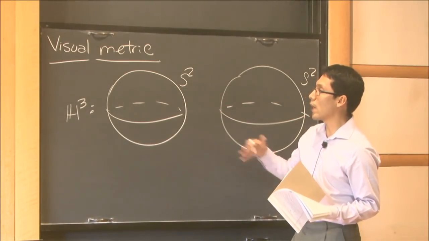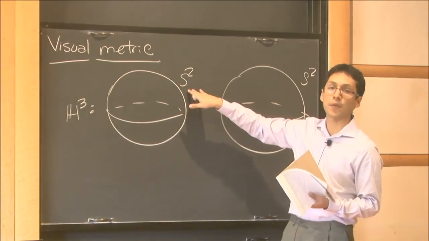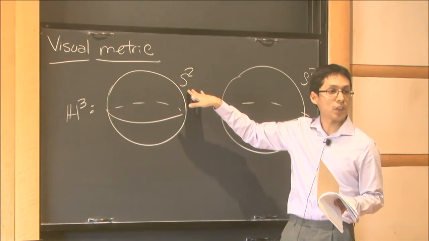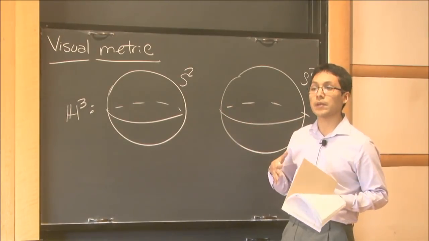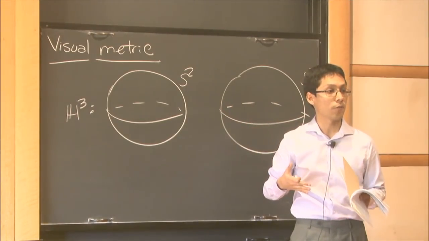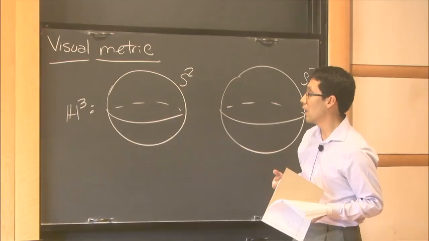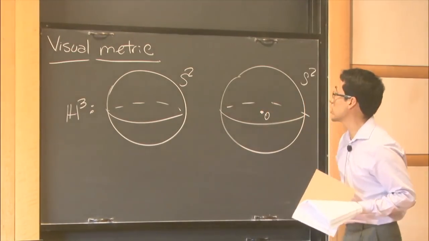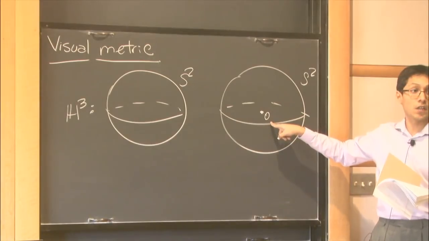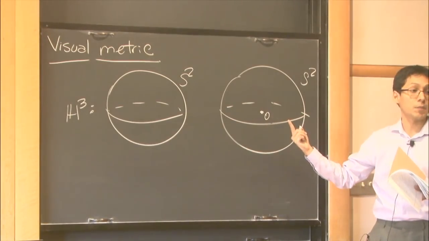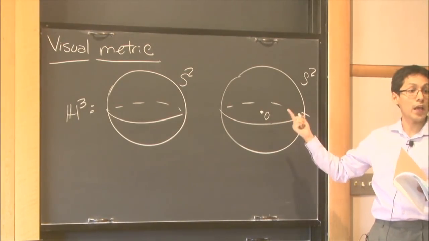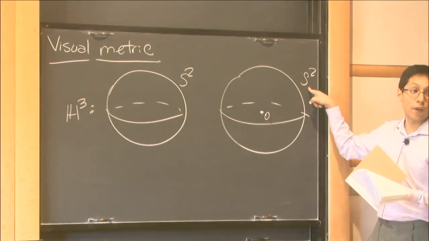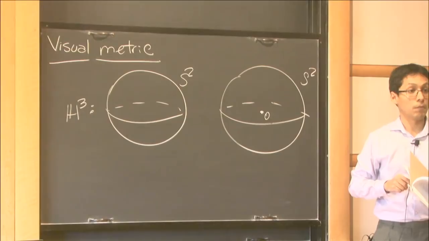So it's quite hard for us to put a metric on S2 that behaves well with respect to this group of isometries, because the conformal maps will in general change our notion of distances. A key observation is that if we pick the isometries that fix the origin, now we're dealing with the group of isometries of S2. So we're able to have a well-defined metric here on S2.